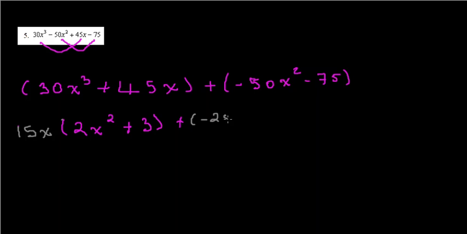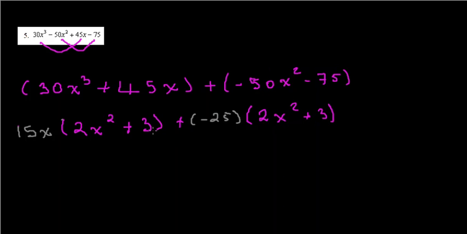Negative 25 times negative 50 is 2x squared. Negative 25 times something equals negative 75. That something has to be 3.